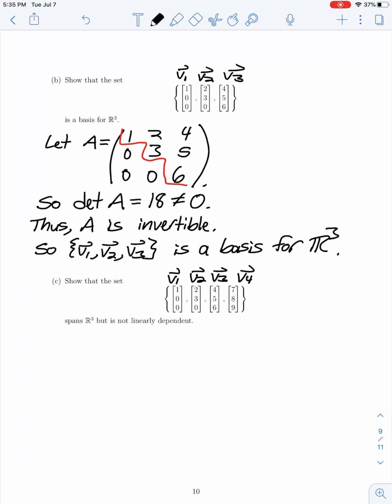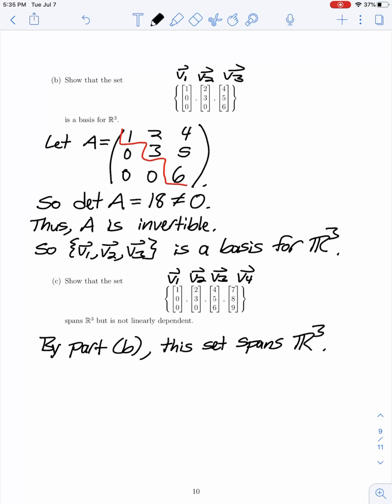Now we already know that the first three vectors span all of R3 by part B. So by part B, we know this set spans R3, since the first three vectors alone spanned all of R3.